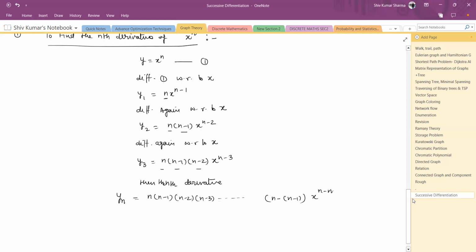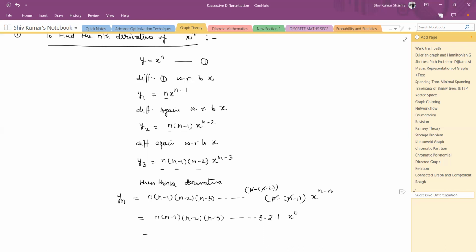Here n and n cancel, so the last term is 1, the previous term is 2, and the one before is 3. The power of x is n minus n, which is x raised to the power 0, and anything raised to the power 0 is 1.